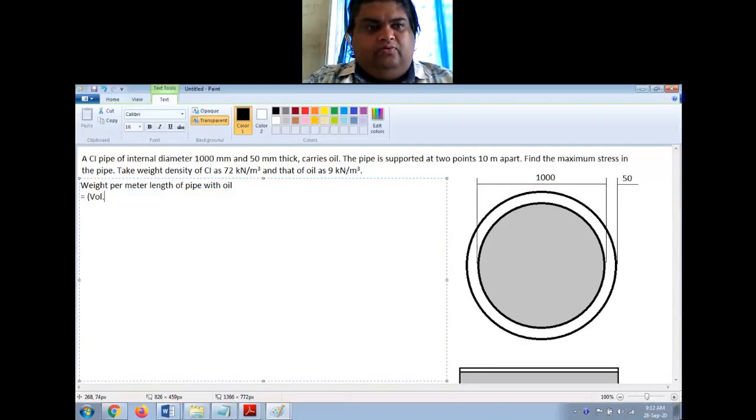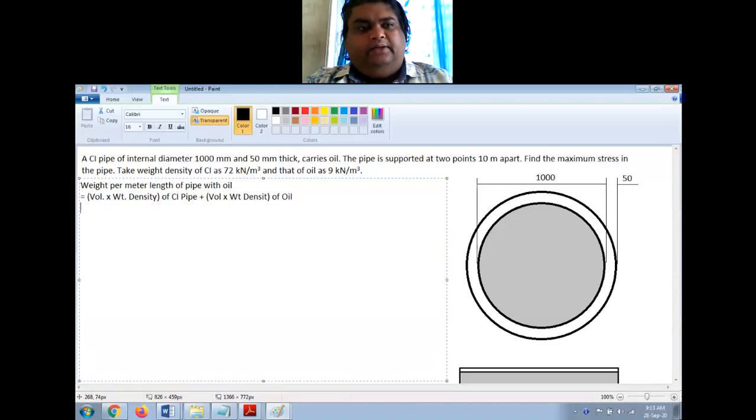So volume into weight density of CI pipe plus volume into weight density of oil, correct? Now what is the volume of the pipe?